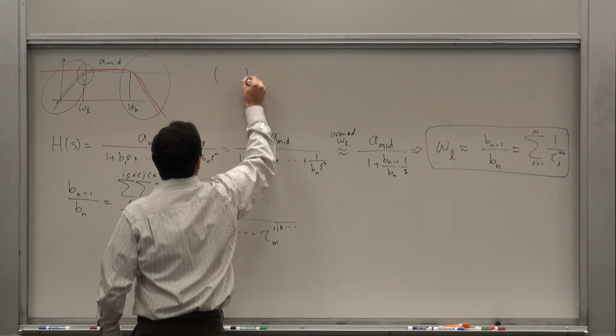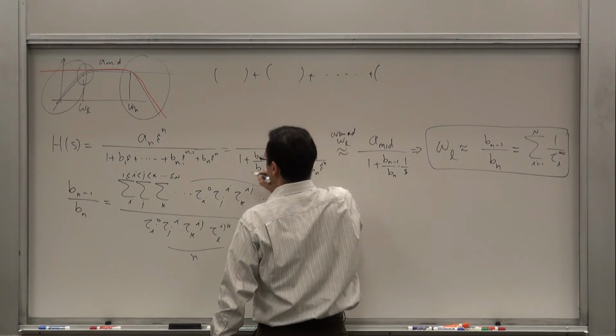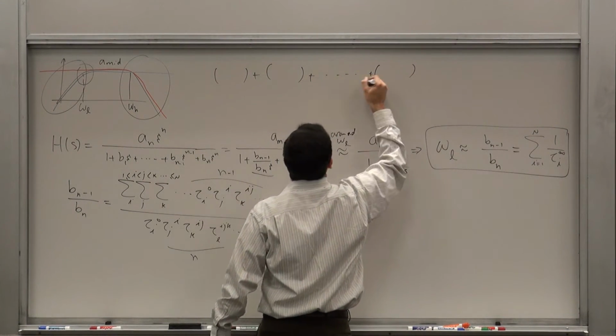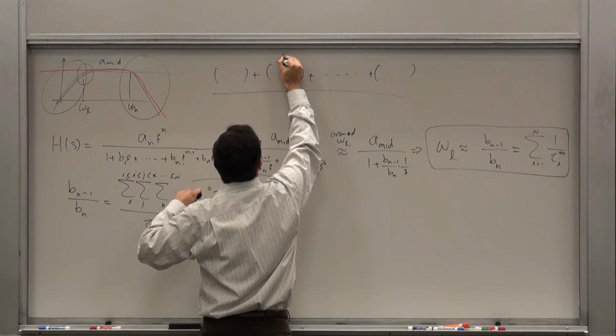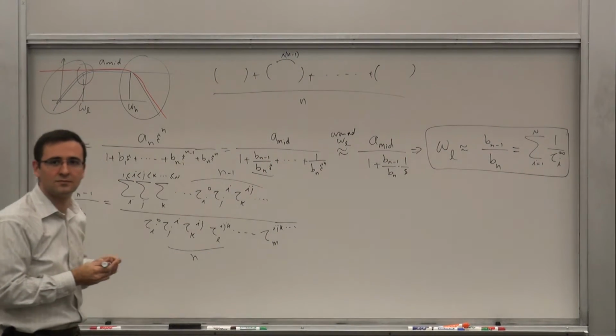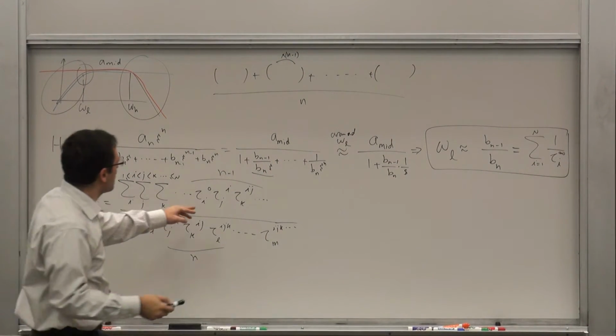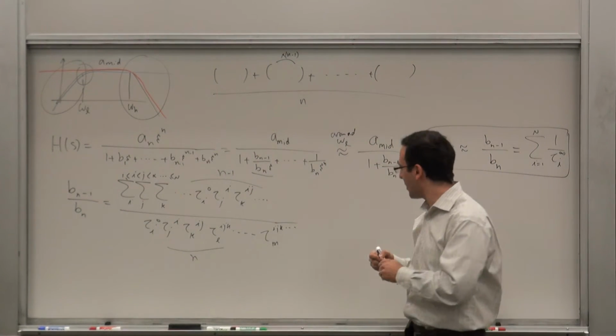So it's the sum of n terms, and each one of them is a product of n minus 1 time constants. Each one of them reduces to 1 over 1 time constant. So there is a sum of n of these.